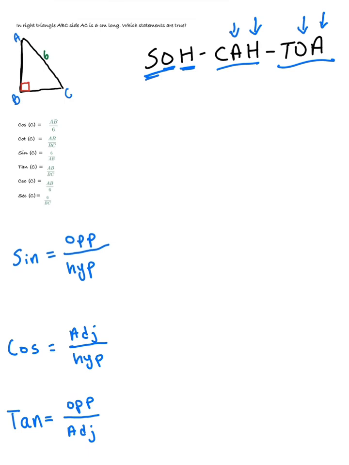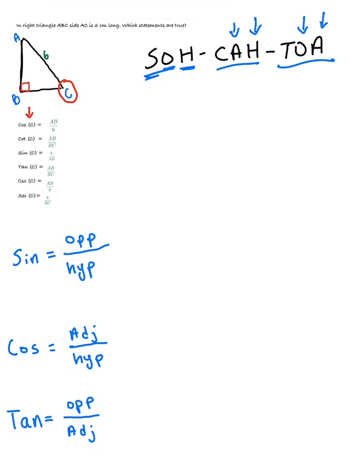Notice how all the answer choices have a C in them: cosine C, cotangent C, sine C. That's because we're looking at this triangle from the perspective of angle C, so opposite, adjacent, and hypotenuse are based off angle C.